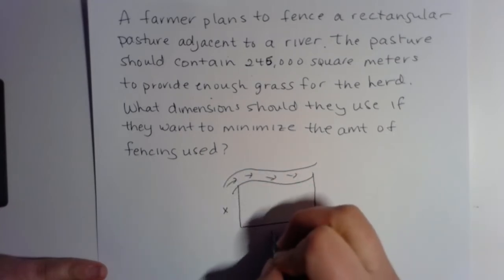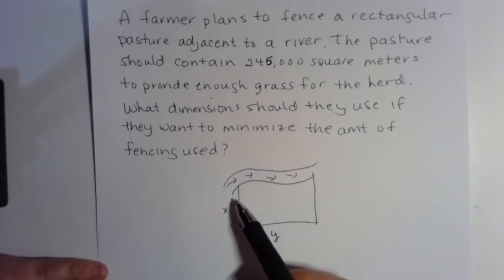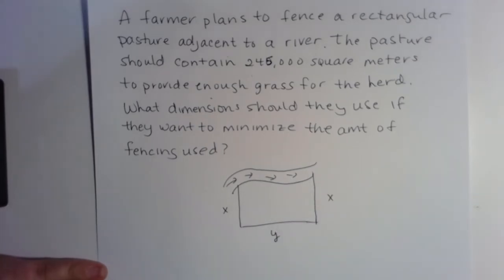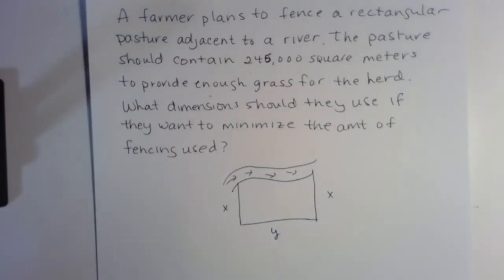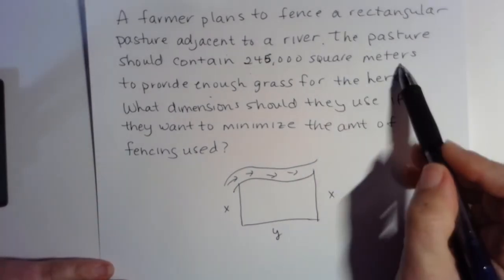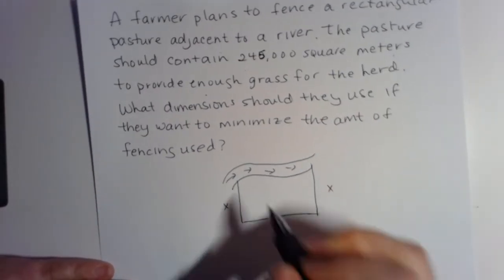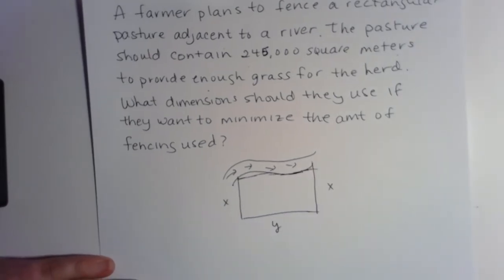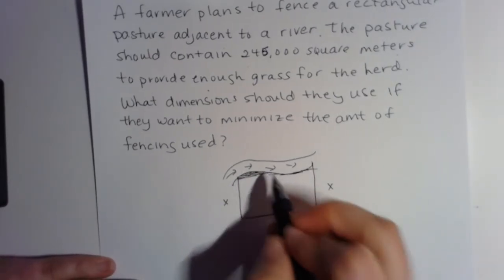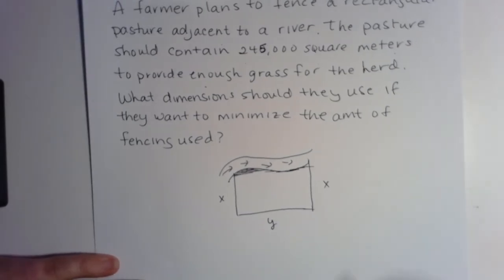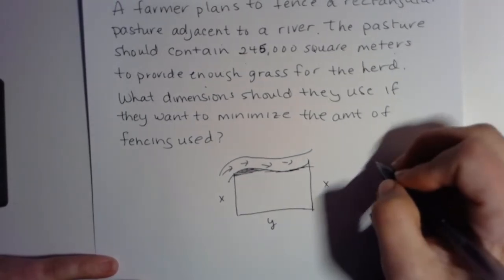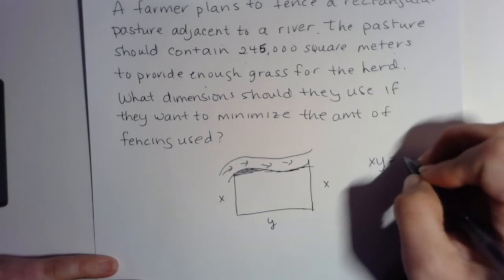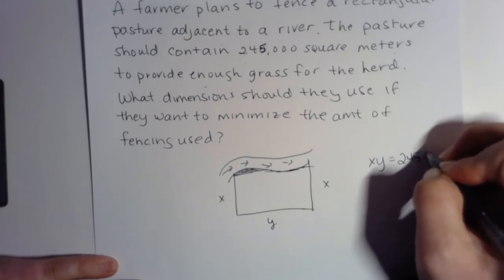So again, I'm just going to label these. It doesn't matter if I call this side Y and this side X. As long as you label them and keep them labeled correctly, then you come up with the same answers, okay? So if this is area, then the area of this rectangle, I am going to think of this as a rectangle, so maybe my stream is a little bit straighter on this side. So my area, XY, is equal to 245,000, right?